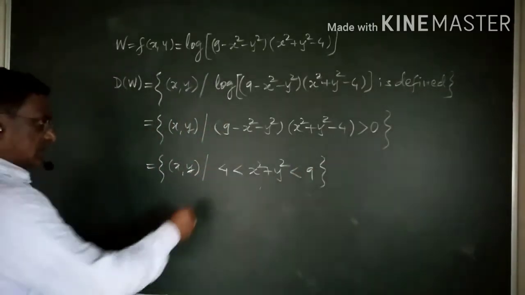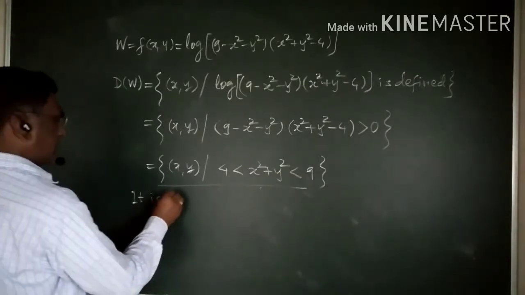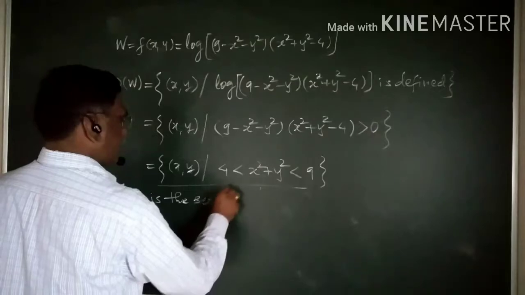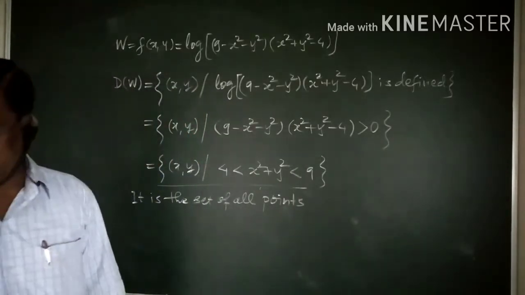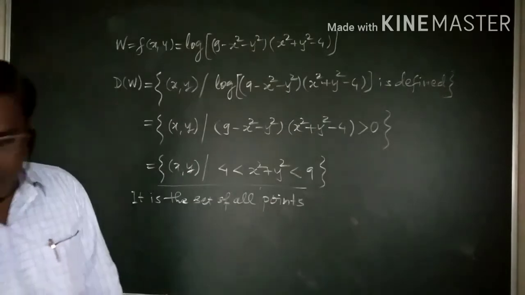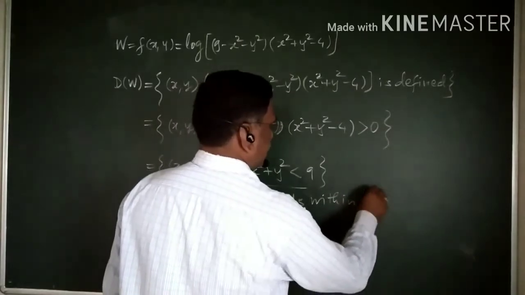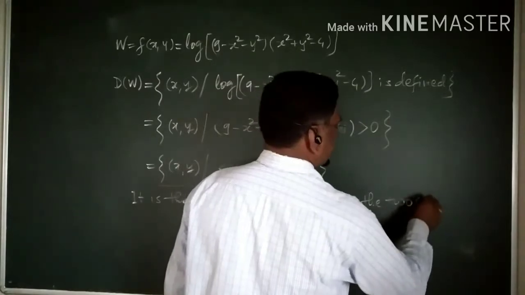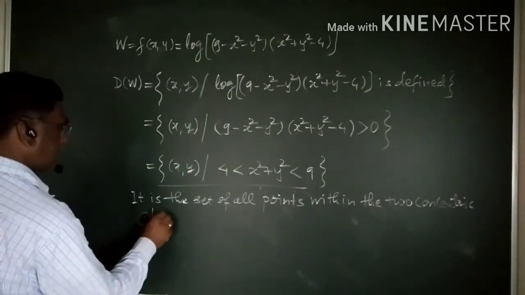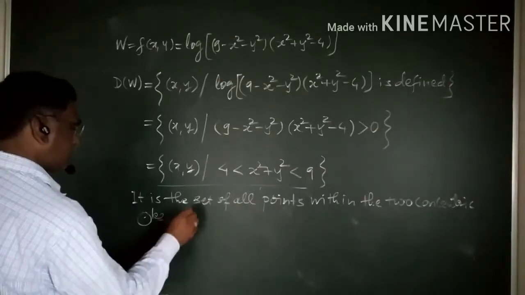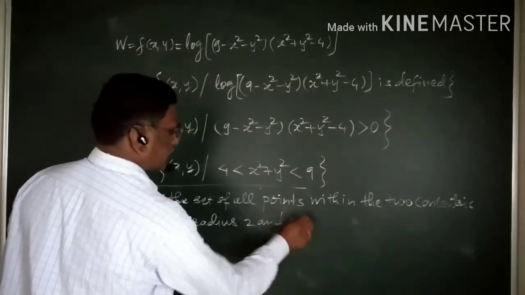Geometrically, it is the set of all points within the two concentric circles of radius 2 and 3.